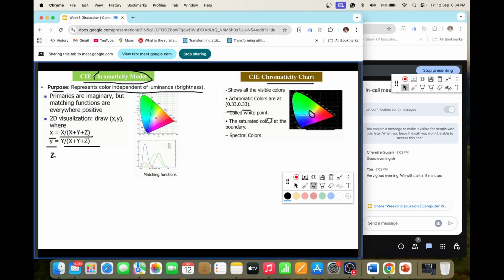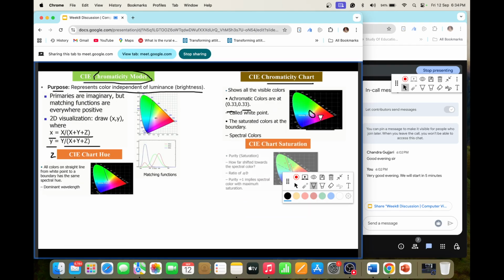The saturated colors, all the saturated colors, will be on the boundary. And all the rest of the colors are known as spectral colors. So this is the thing. We have this CIE chart hue. What it represents is that all colors on a straight line from the white point, if we go in any direction, all the colors on a straight line from the white point to a boundary have the same spectral hue.